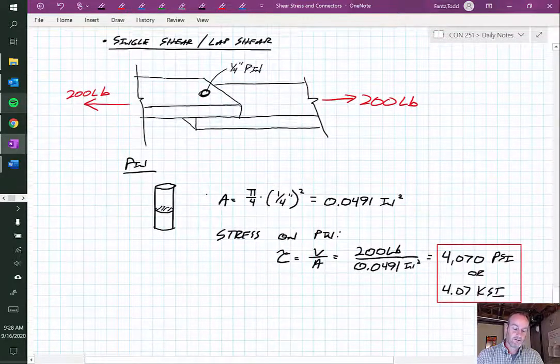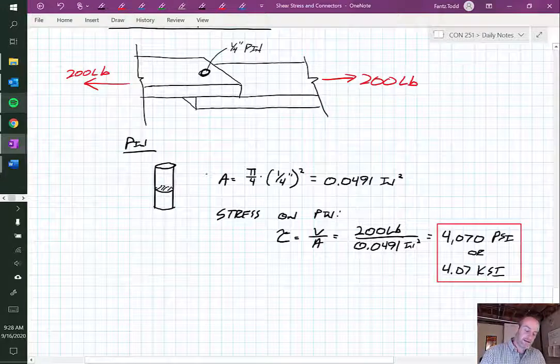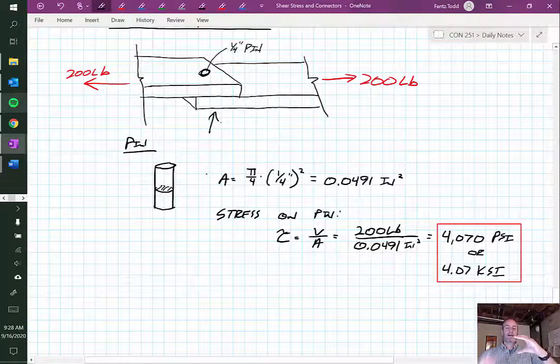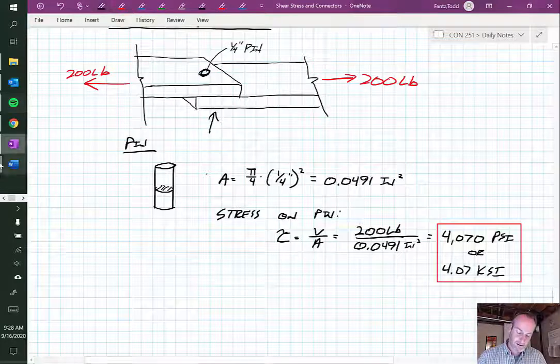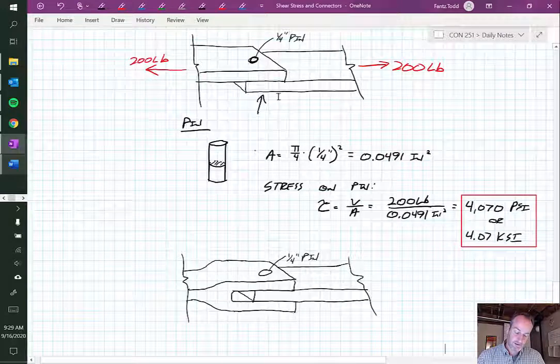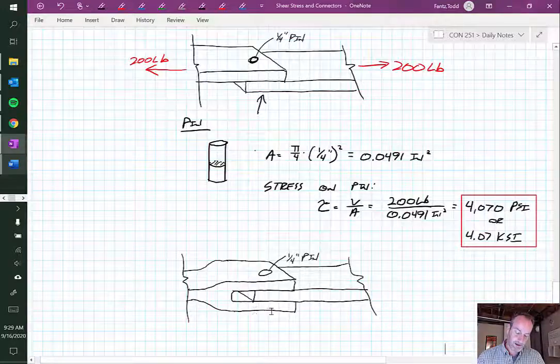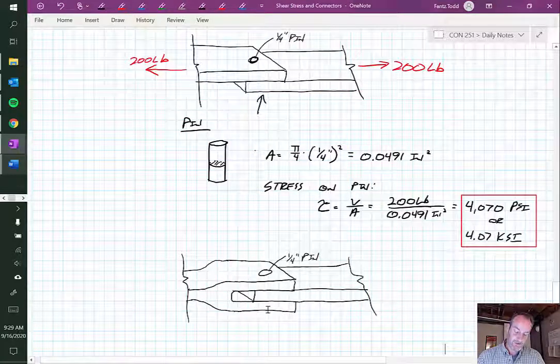Now, another type of connection would be if instead of this lap connection, what if I had it pinched on both sides? Let me draw this out for you. So something like this. Really the only difference between my lap shear and this one is now I have this wishbone shape, right? And I'm clamping down on both sides.